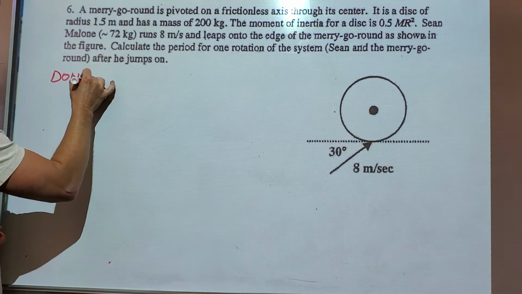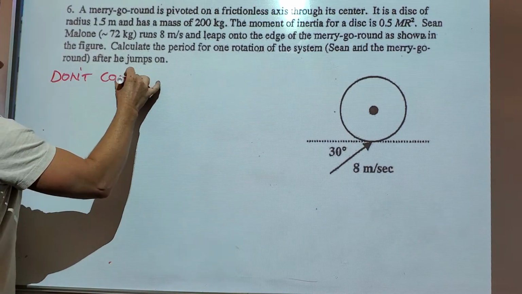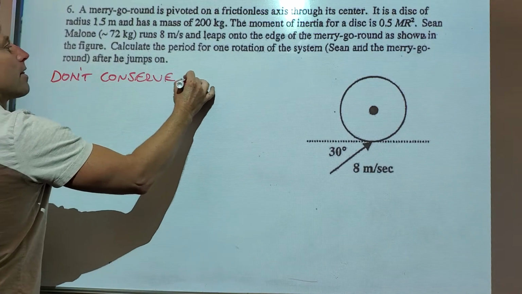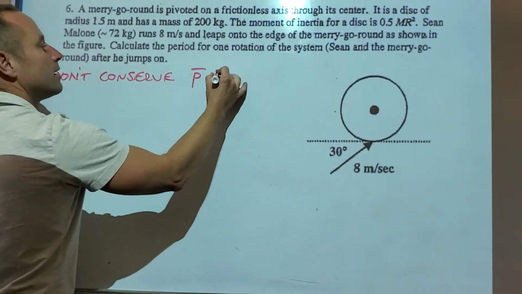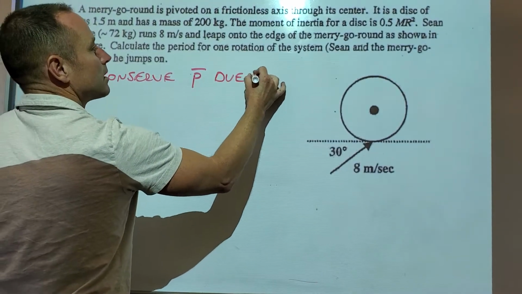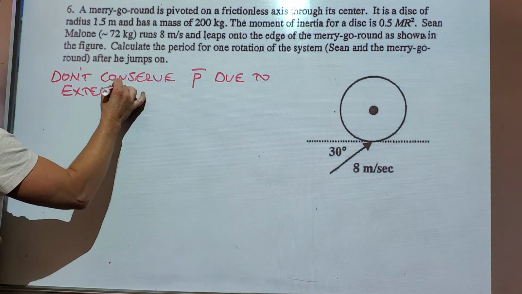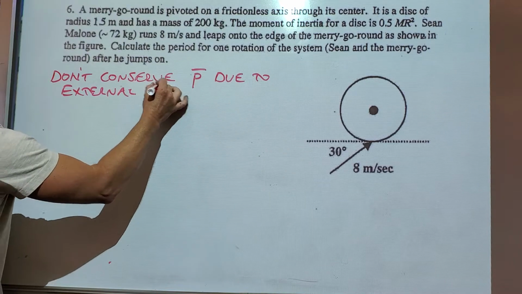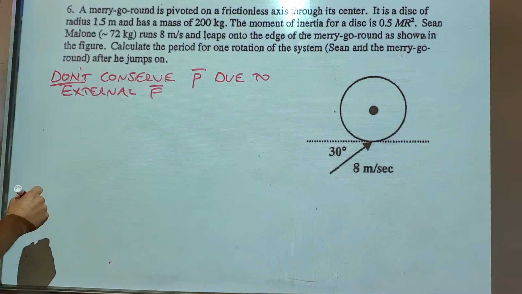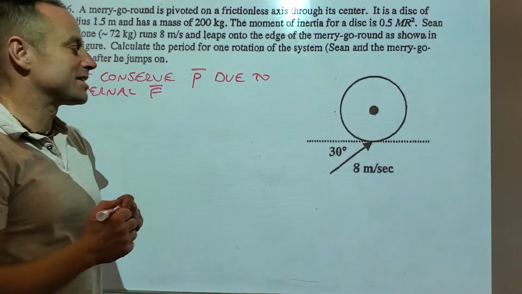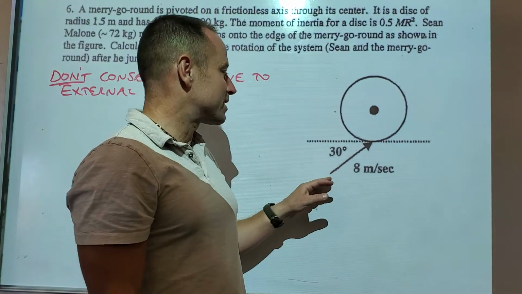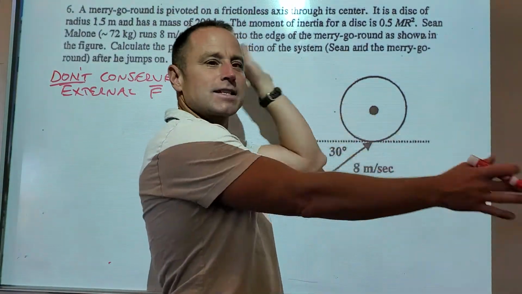So we don't conserve linear momentum due to external forces. So you don't want to do that. And you don't want to be trying to conserve energy either. We'll check that at the end, because when he jumps on, it's going to go clang and make noise.